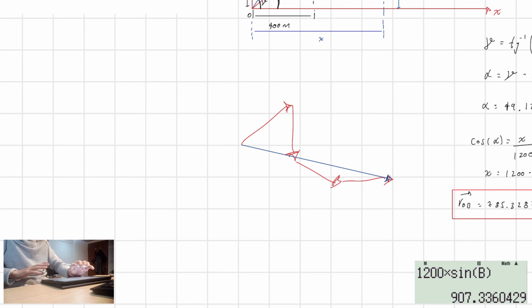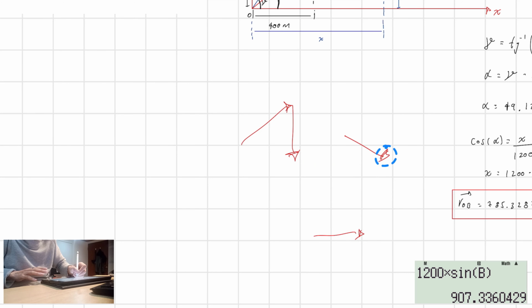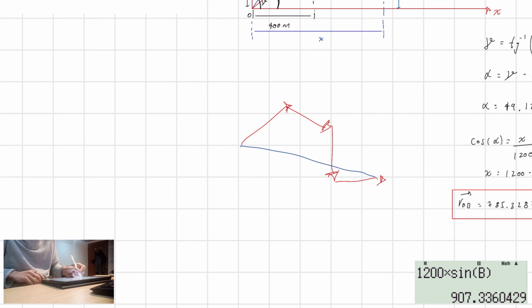I don't really care about the other. For example, I could have created the solution like this. And the resultant vector is going to be the same. Alright?